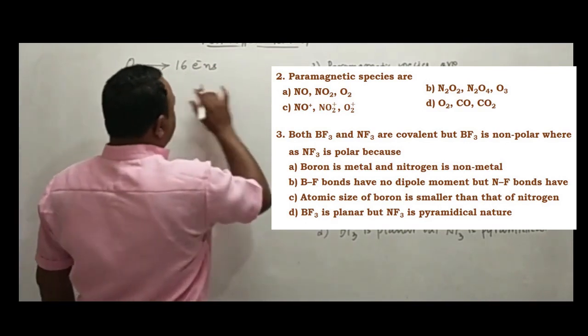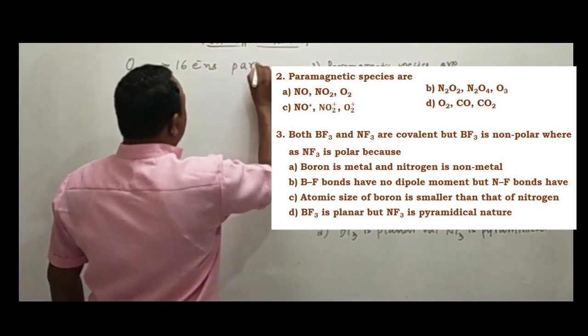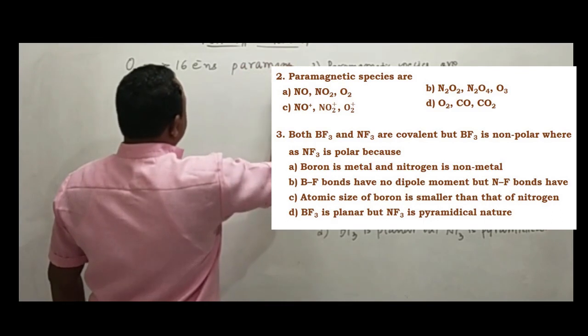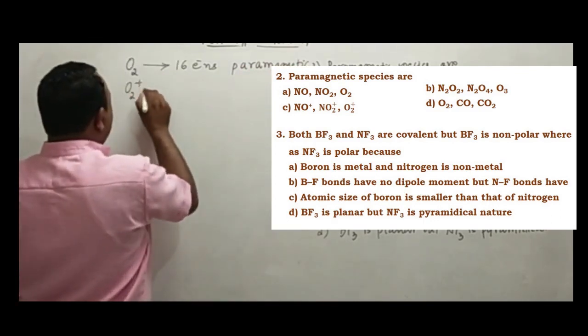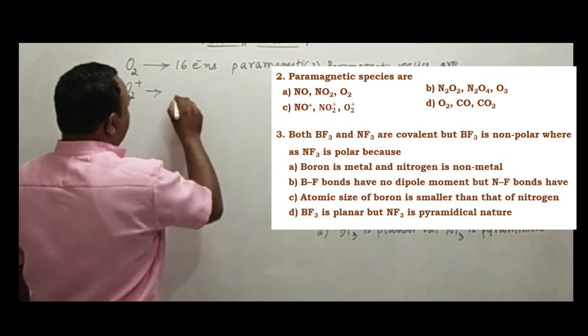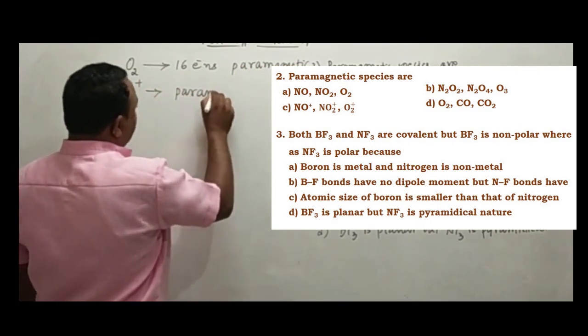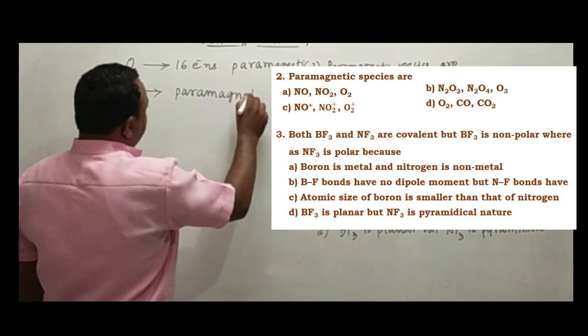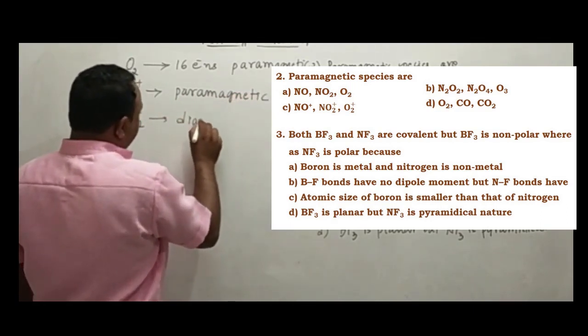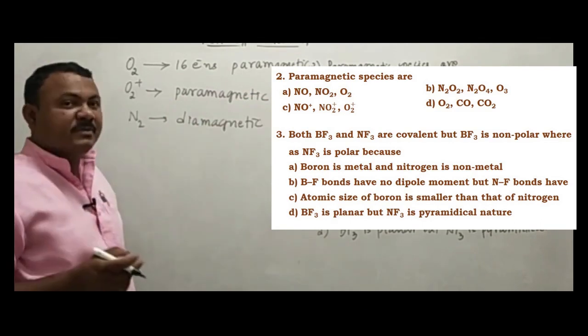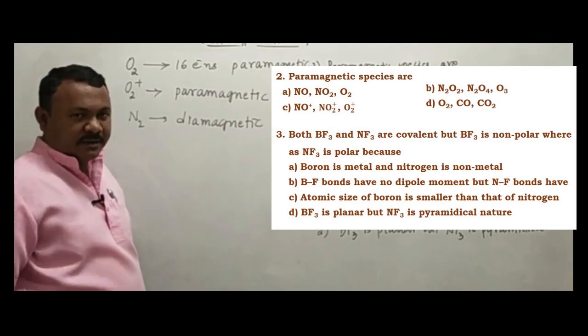Even though we are getting an even number of electrons, O2 is paramagnetic. Not only O2, even O2 plus is paramagnetic. Leaving that, N2 is diamagnetic, and N2 plus becomes paramagnetic.